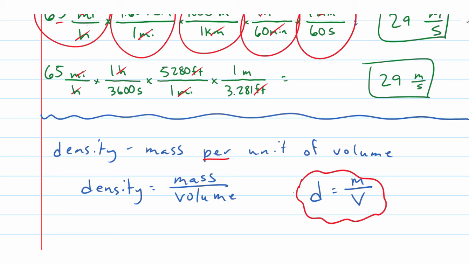Like a ruler? A ruler would work. And what are we going to need to do with a ruler? Length times width times height. And we'll ignore the little chip off the corner. So we're going to go ahead and measure the density of this block of wood, and our formula, again, is D is equal to M over V.